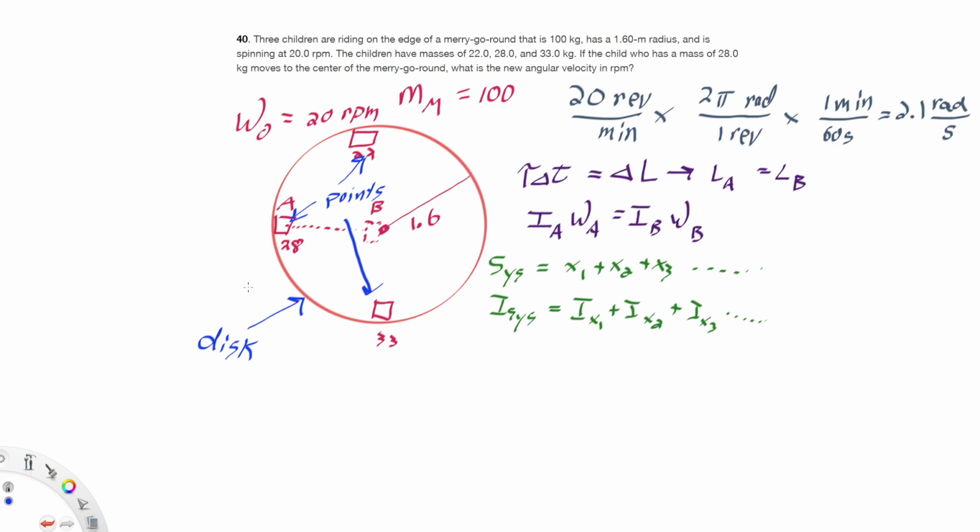So yeah, we're going to treat the kids as points and the merry-go-round as a disk. So the moment of inertia of the merry-go-round, since it's a disk, is going to be 1/2 times the mass of the merry-go-round times the square of the radius of the merry-go-round.